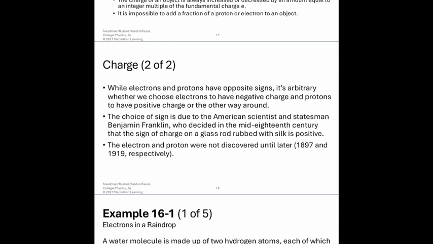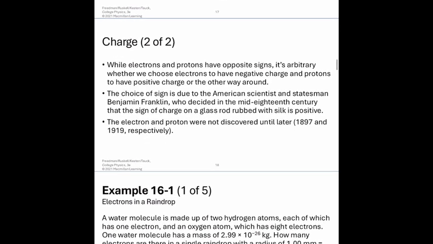They just display a behavior that we can assign the words negative and positive to, and it explains it well, okay? But they are not fundamentally negative or fundamentally positive. Really, all we know of them is what we observe, which is that opposites attract and like repel.